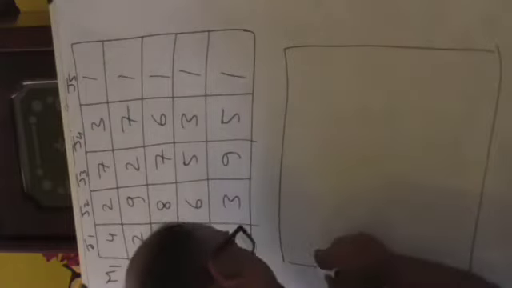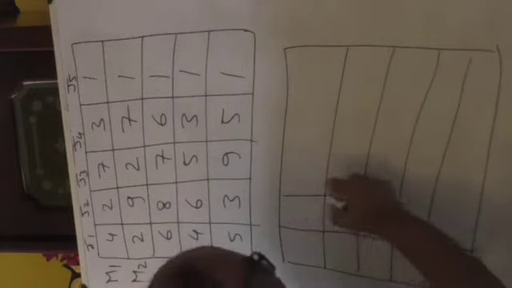So for row operation, let's do the row operation. So first row minimum element is 1. In fact, we can see for all the rows the minimum element is 1. So we will subtract it.